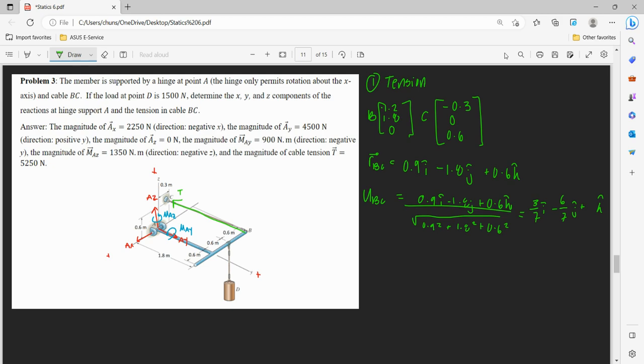Okay, and our last one is 0.6 divided by 2.1. This is 2 over 7.